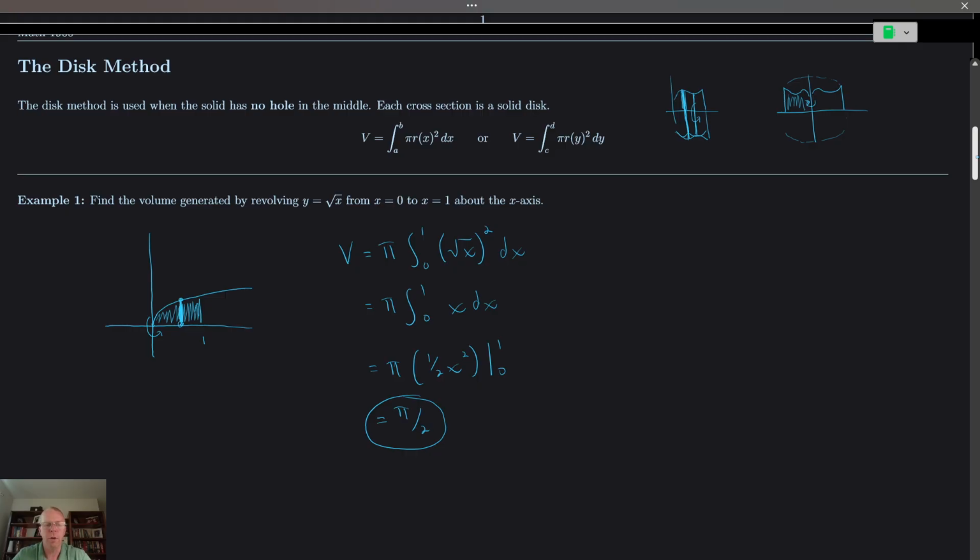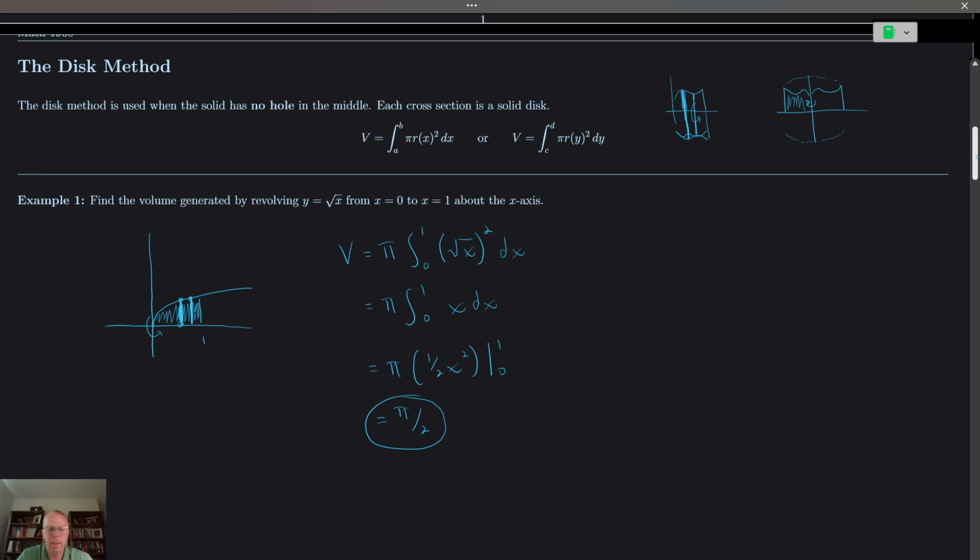So it's important, first of all, in WebAssign, you're going to have to pick out the correct graph. So you're going to have to draw this graph whether you want to or not. But you should anyway. The important part is finding a cross section. It can be anywhere in your shaded area.